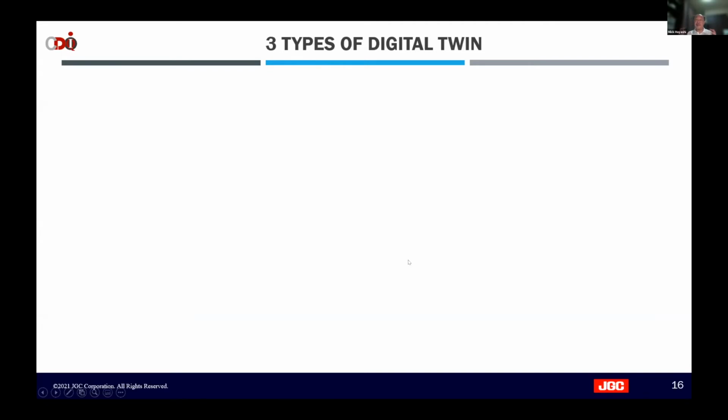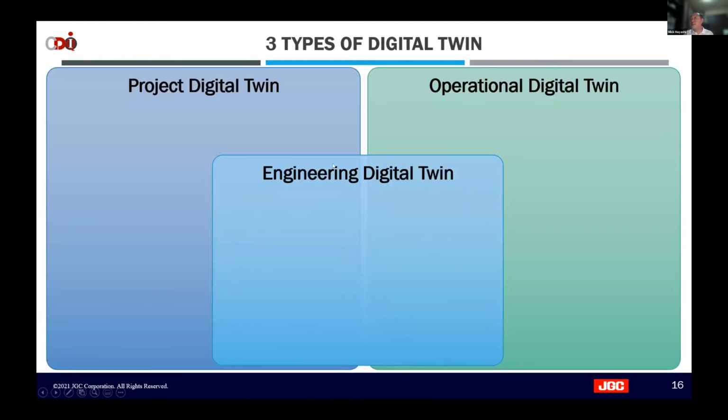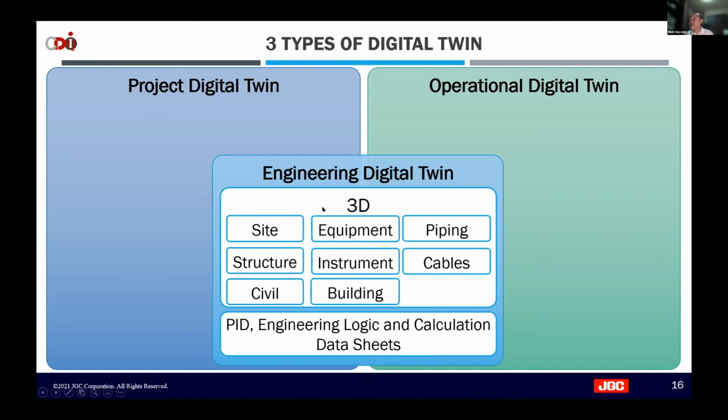Now I'm going to categorize BIM or digital twin. Let me focus on the digital twin, which includes 3D models, which is almost manufacturing digital twin. We have 3 models. First of all, at the center, we have the engineering digital twin. Then we have, of course, 3D models, including site, layout, equipment, piping, cables, instruments, structures, civil and building.